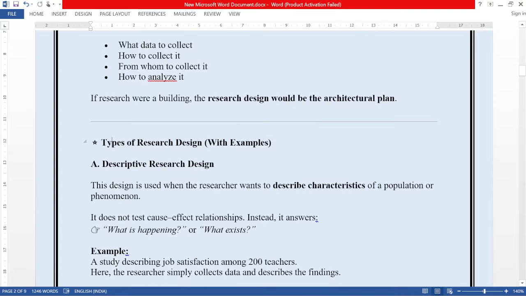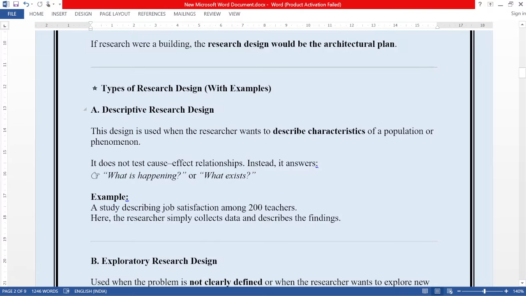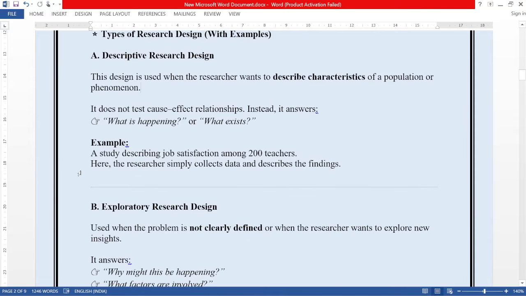The first research design frequently used in research work is descriptive research design. This design is used when the researcher wants to describe characteristics of a population or phenomenon. It does not test cause-effect relationship. Instead, it answers what is happening and what exists.